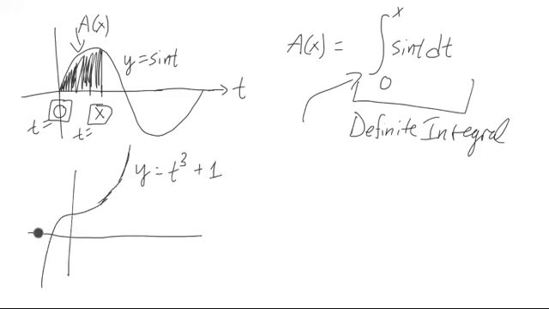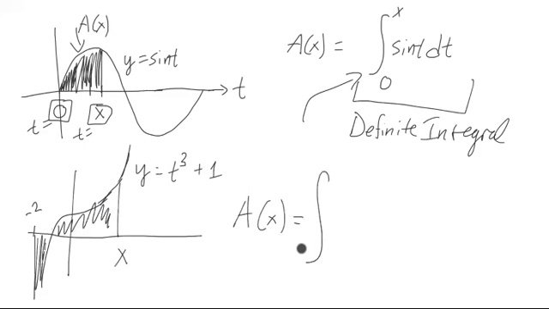And suppose we want to start all the way back at, let's do -2. Then we're going to be looking at a net area function up until a point x. So for this area function, we'd use this notation. A of x is equal to the definite integral.